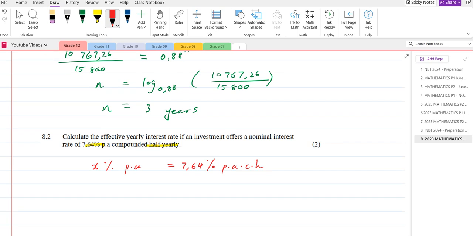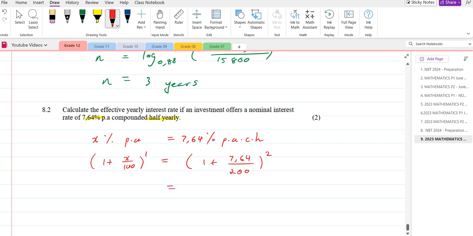Now very simple. That is just 1 plus x over 100, to the power 1, is equal to 1 plus 7.64. Now there are 2 half years in a year, so divide by 200 to the power 2, right? Because there are 2 half years in a year. So we're going to square this answer, minus 1, and multiply by 100 to get it as a percentage, right?